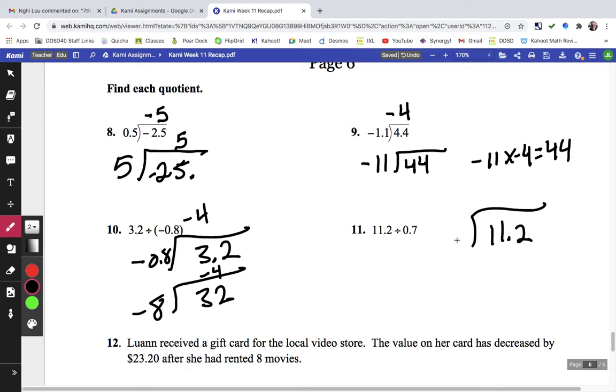3.2 divided by negative 0.8 is the same as 32 divided by negative 8, so that's negative 4. 11.2 divided by 0.7 is the same problem. If we move this over by multiplying by 10, multiply that by 10, it's 112 divided by 7, and they're both positive, so the answer is positive. This is what many of us worked on with Desmos, was this right here. So the answer is equal to 16.